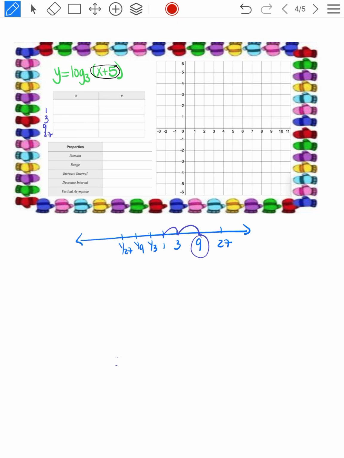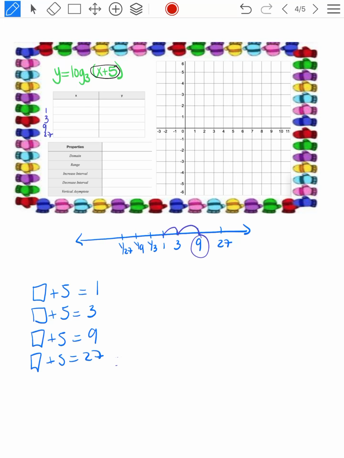What I need to think about is what number plus 5 will get me there. So a few ways you can think about that is we're trying to think about what number plus 5 will get me to 1, what number plus 5 will get me to 3, what number plus 5 will get me to 9, what number plus 5 will get me to 27.